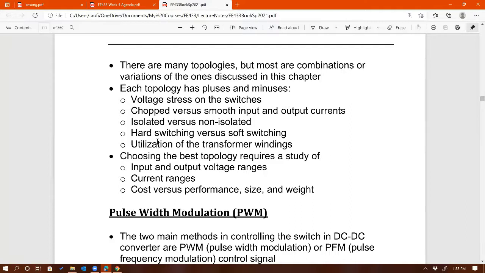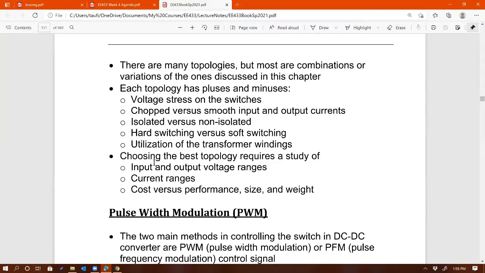How can we effectively as well as efficiently use the transformer within this topology? So that's another consideration that you might think about under isolated topologies.